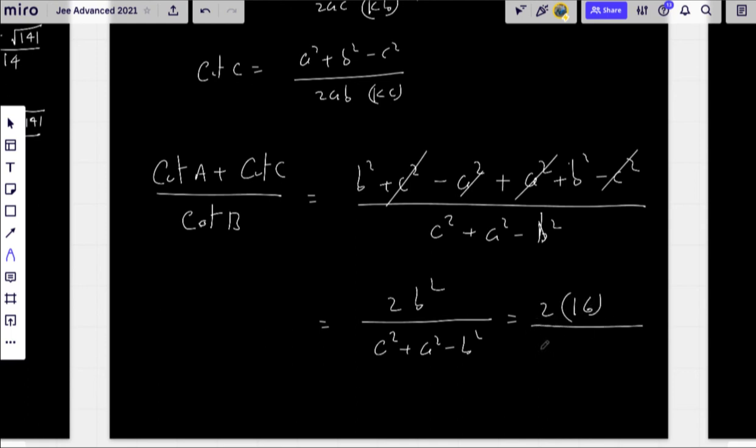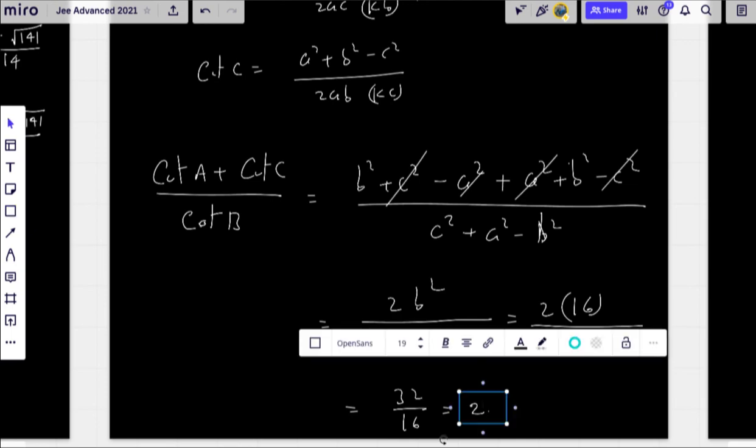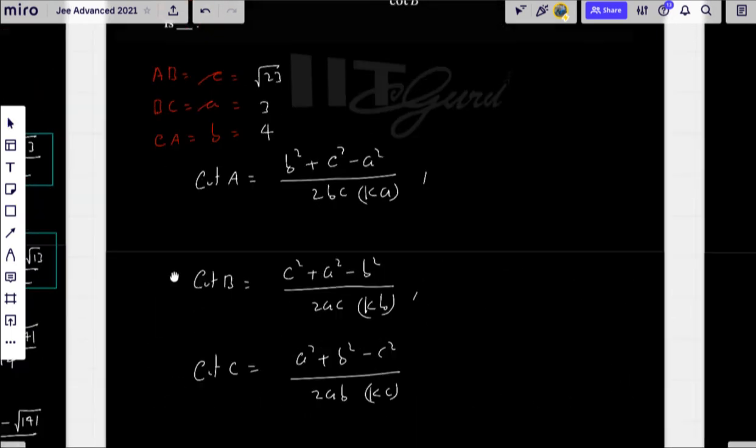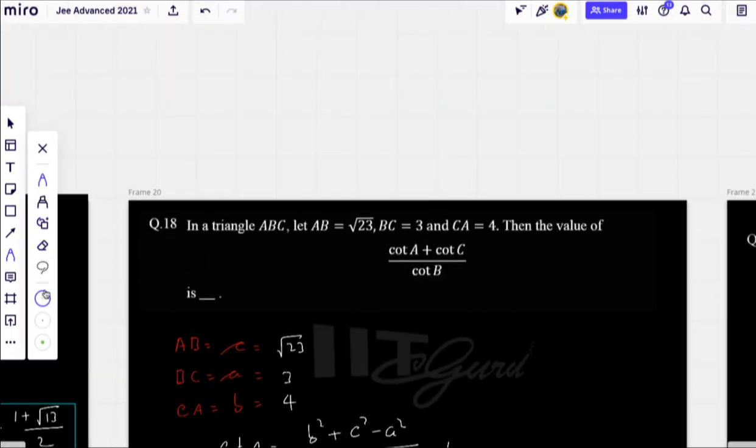Similarly for others, a square, that was 23, as root 23 was there, and 3 square, that is 9. And here once again minus 16. Solving this all, we will get 32 by 16, and 16 twos are 32, and 2 is your final answer. So final answer is 2. Let's go ahead. Answer is, we write here, that is 2.